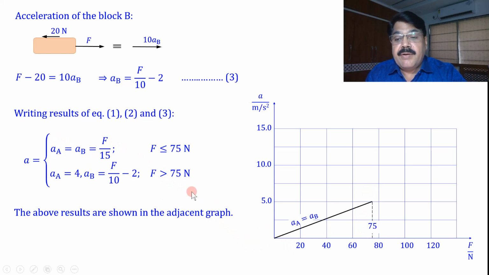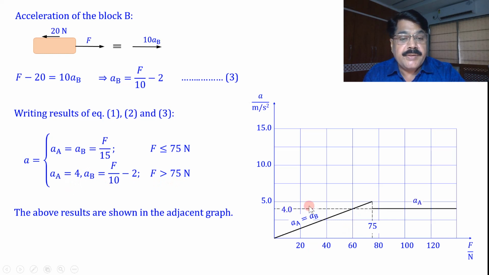So you can see when force is 75, when sliding initiates, the acceleration of A and B both will become equal to 5, and till then acceleration of A is equal to acceleration of B, and thereafter discontinuity in the graph will happen. Thereafter, when F is increased beyond 75 Newton, acceleration of A will become a constant 4.